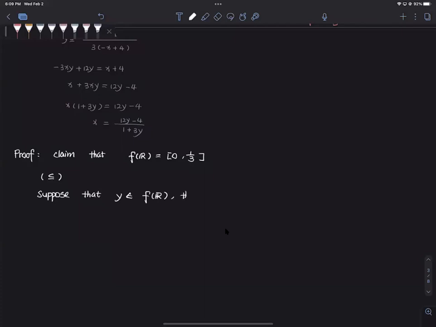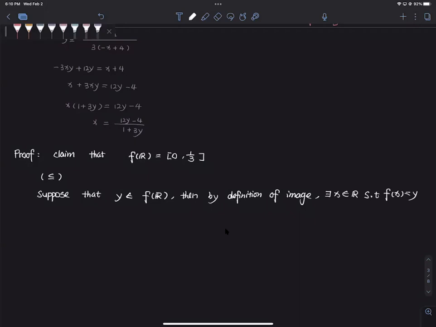Then, by definition of image, there exists, do you guys know there exists? Have you heard that? There exists x in my domain, which is R, such that f of x equals y.